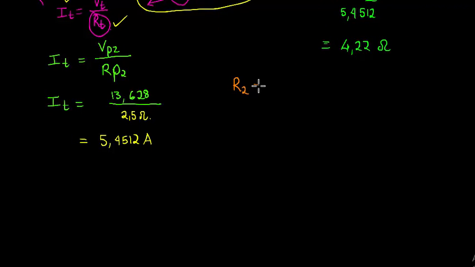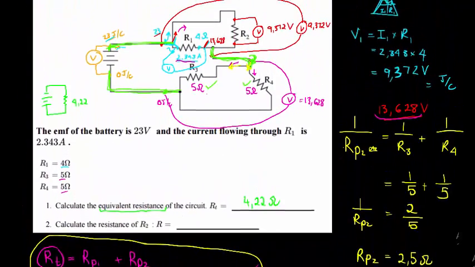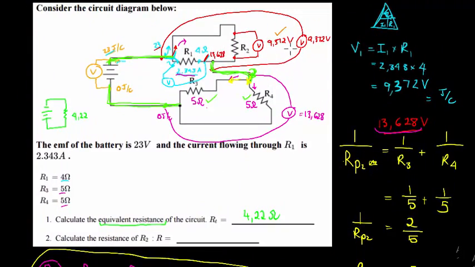R2 just by itself I could calculate by taking the voltage over 2 divided by the current that goes into resistor 2. Now we already have the voltage. See again how helpful it was to calculate this voltage over 1, because the amount of energy we spend in this branch is equal to the amount of energy we spent in that branch, we have the voltage there, but we don't have the current.